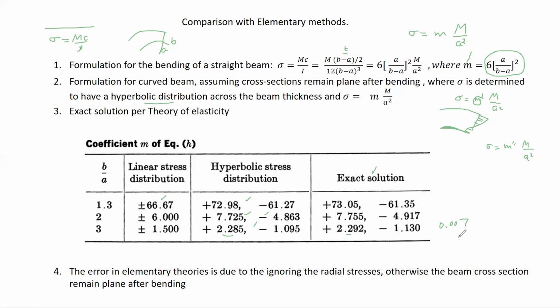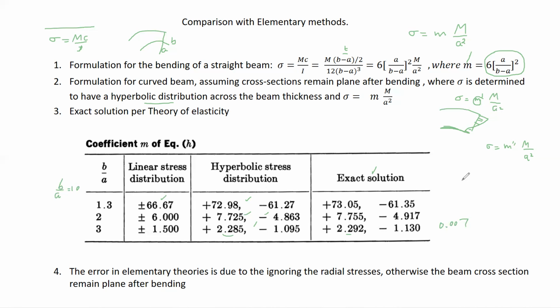It's fairly negligible. Of course, if we go to a higher ratio, the difference would be larger. If b over a is, for example, 10, you would see a much larger difference.